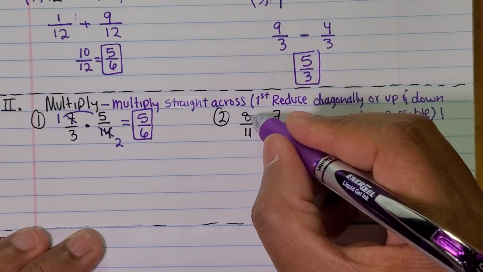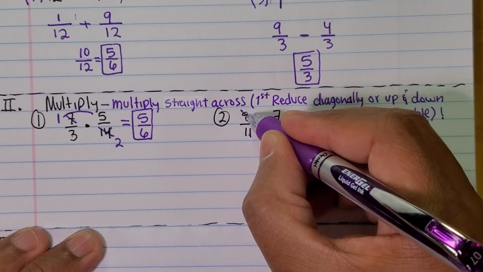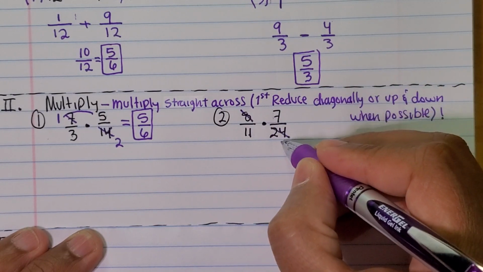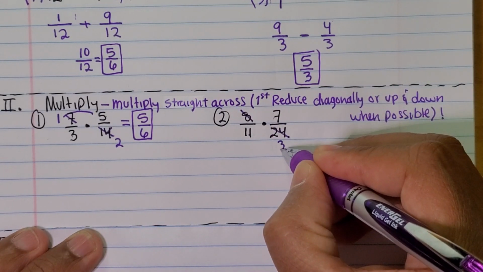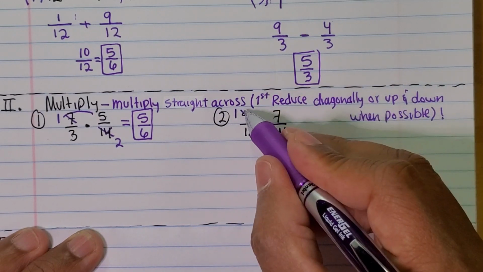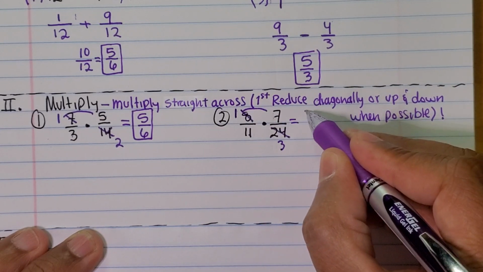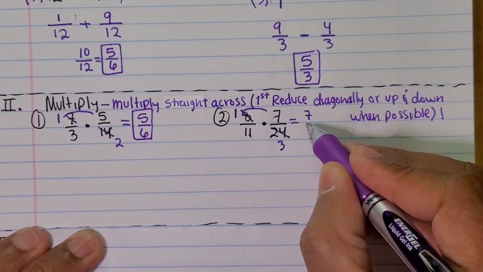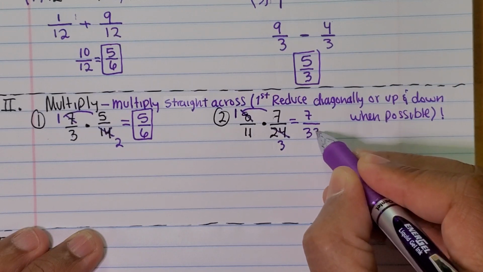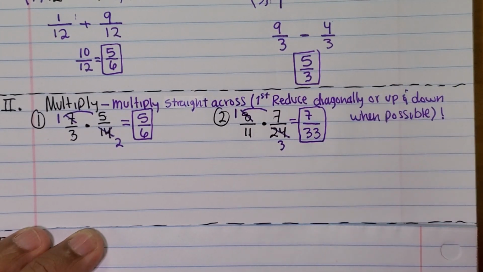But if I look at 8 and 24, I know that 8 is a factor of 24 because 8 goes into 24 3 times, and 8 goes into 8 1 time. So now I'm ready to multiply across. This is 1 times 7, and 11 times 3, that's going to be a 33. And there is the answer to this multiplication of those two fractions.